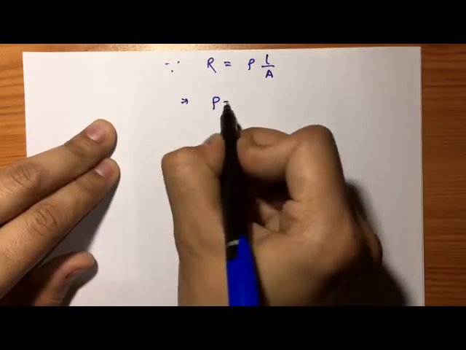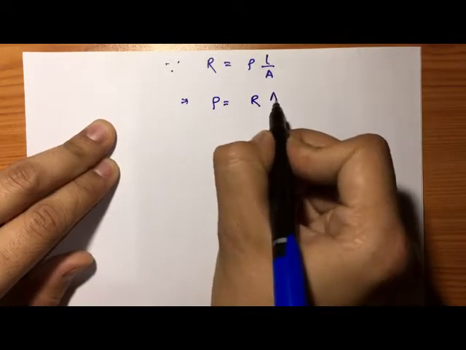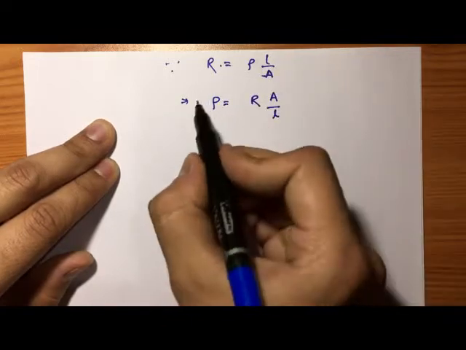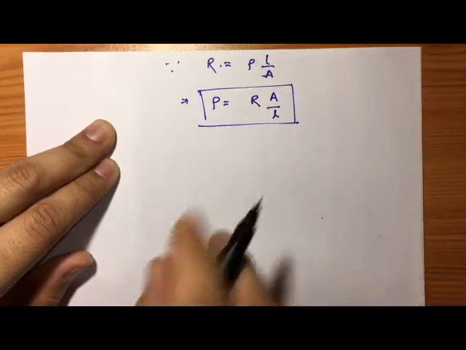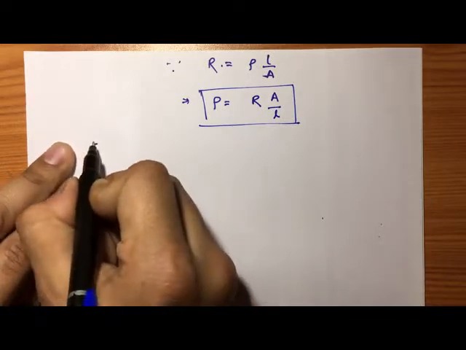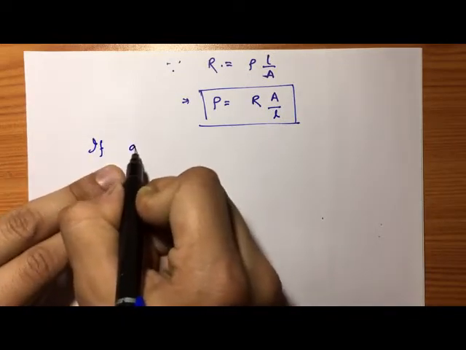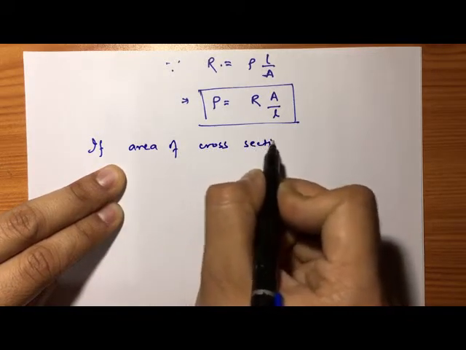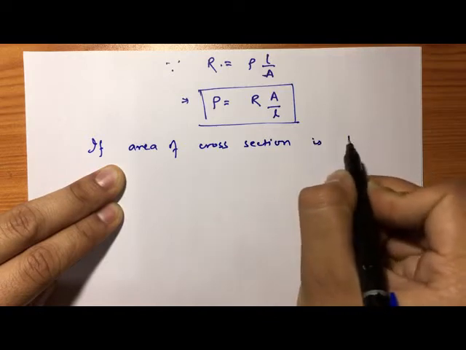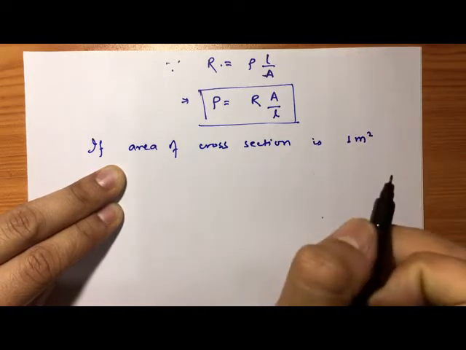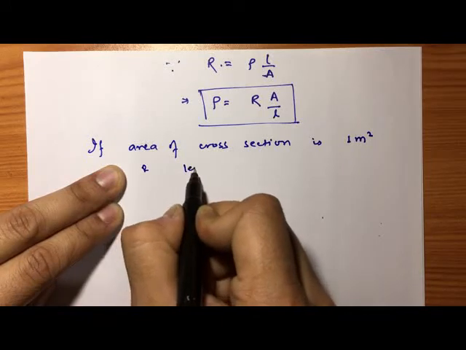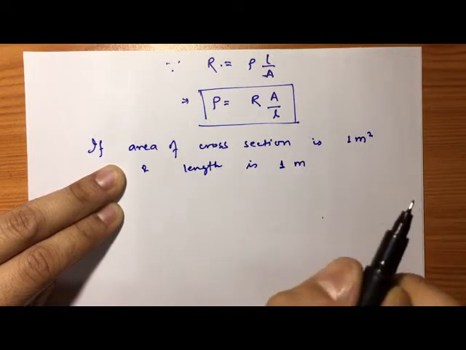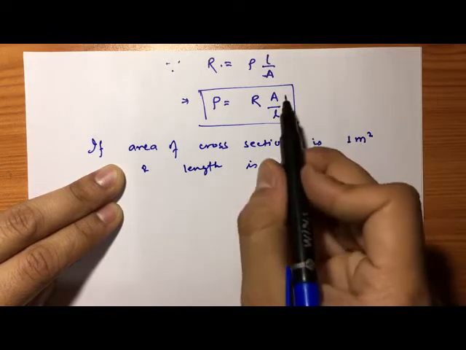It means that rho is equal to R times A divided by L. A will go upward, L will come downward. Okay, from this equation, if somehow my area of cross section is 1 meter square and length is 1 meter, I am considering the unit cases.